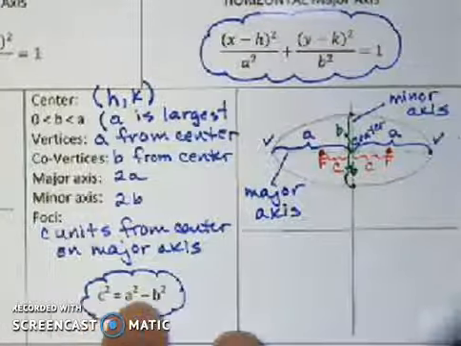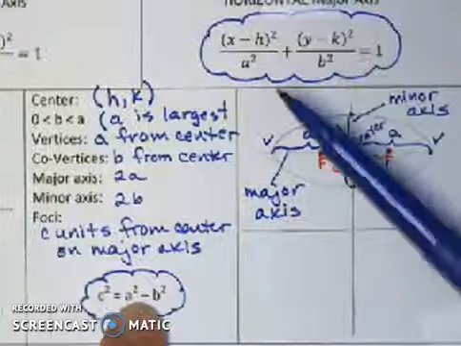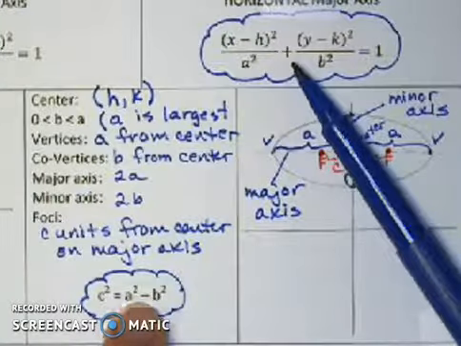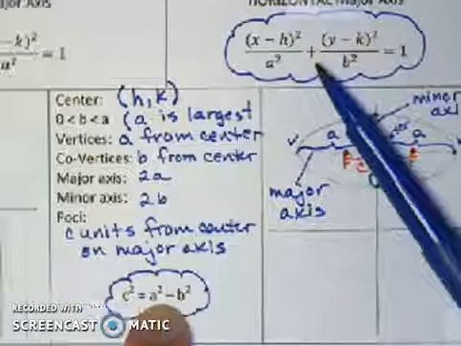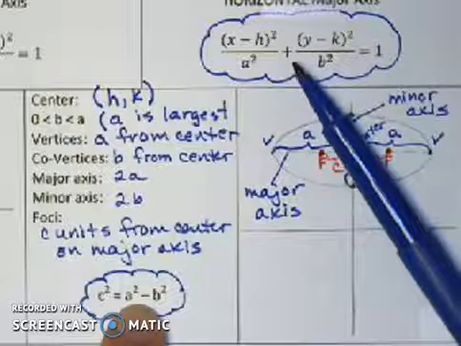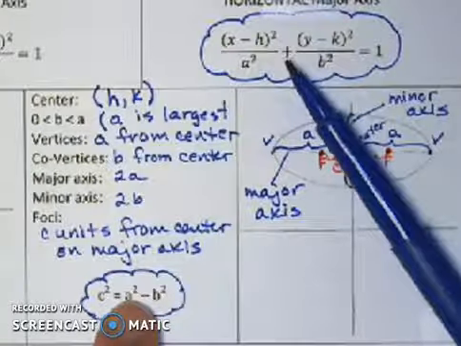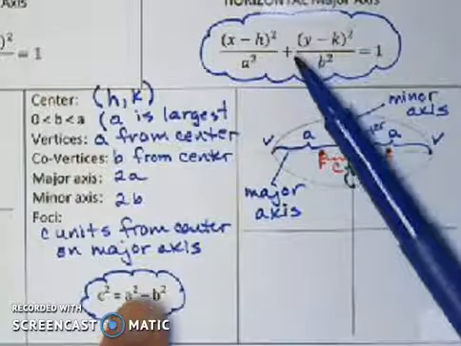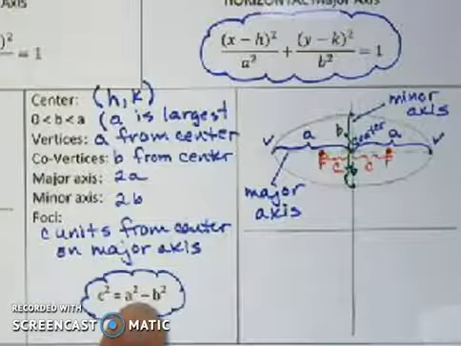And if you can remember that the ellipse is the sum, so its equation is plus, then this equation to find the missing piece is minus, a subtraction. And likewise, when we deal with hyperbolas, this will be subtraction and this will be addition. So if you can just remember that if the equation is addition, then this equation to find the other one is subtraction.